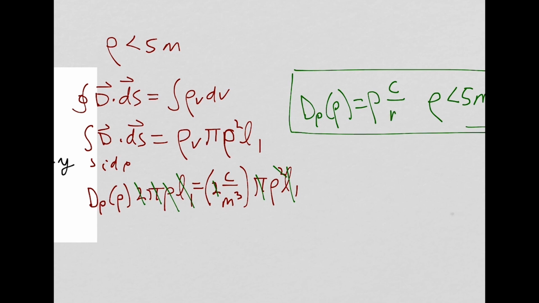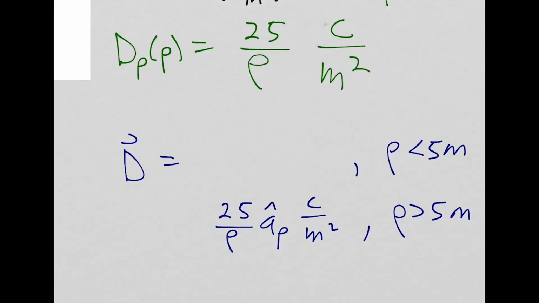So D is equal to rho in the a sub rho direction, coulombs per meter squared, when rho is less than 5 meters.